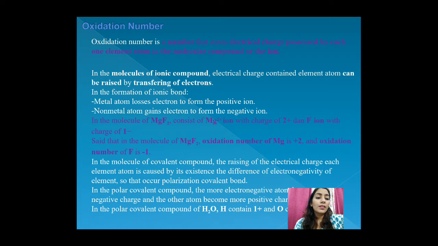All the metals on the extreme left side of the periodic table lose electrons and show oxidation, and non-metals on the extreme right side show negative ions. The molecule of magnesium fluoride consists of a magnesium ion with +2 charge and fluoride ions with -1 charge. So in magnesium fluoride, the oxidation state of magnesium is +2 and that of fluorine is -1.